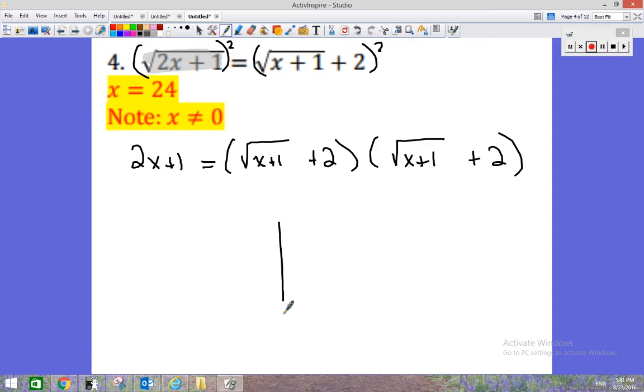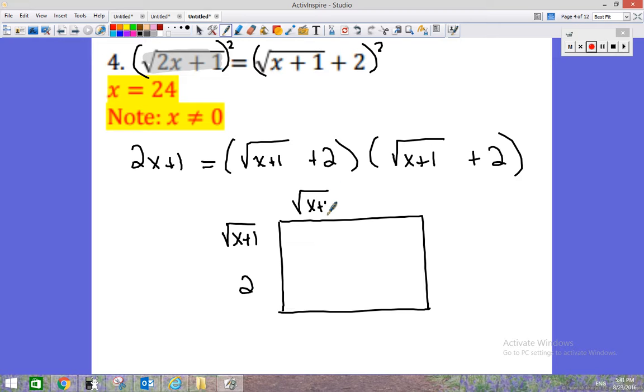It might be smart to do it in a table, some organized way, whatever your favorite way is to multiply binomials. So when this radical is multiplied by itself, the radical goes away and we just have x plus 1. 2 times this, well, we have 2 of these radicals.